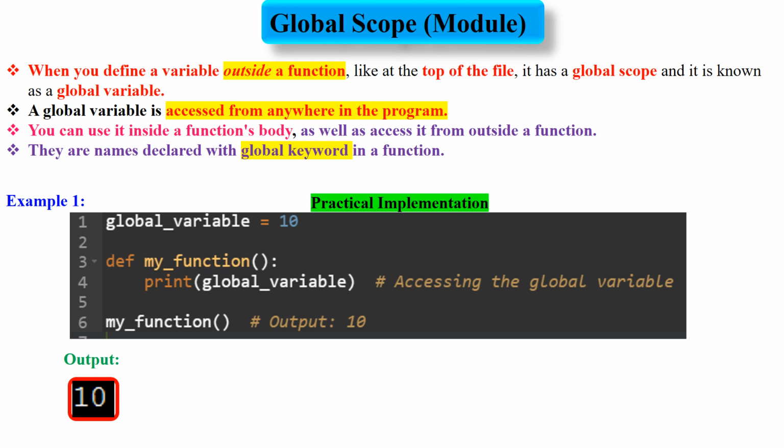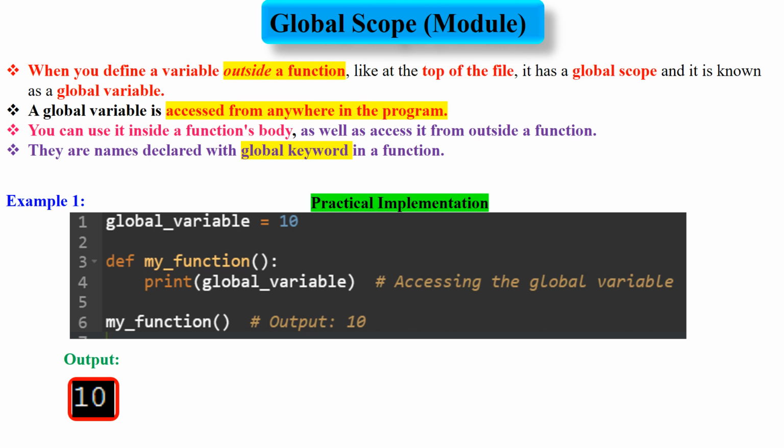Let's see an example. In this code, in line 1, a global variable named global_variable is defined and assigned the value 10. The global_variable is declared outside any function, making it accessible from anywhere in the code, including inside functions. In line 3, my_function is defined, which does not explicitly declare global_variable as a local variable.